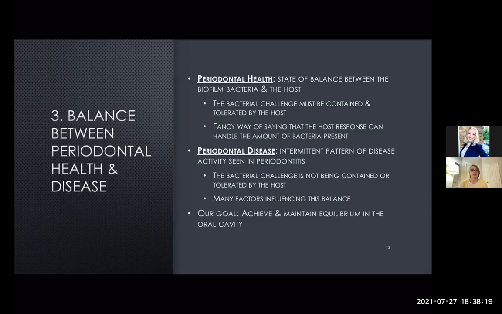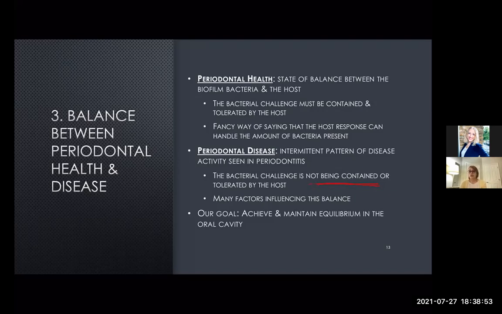In periodontal disease, we see intermittent patterns of disease activity, which means sometimes it's active, sometimes it's dormant or in remission. The reason for that is that the bacterial challenge is no longer being contained or tolerated by the host. Now the bacteria has taken over and it's heavier, right? So we've lost health. The bacteria side is winning. There are a lot of factors influencing this type of balance.